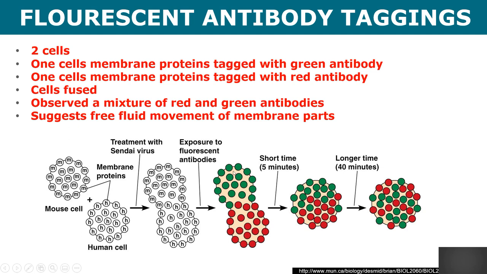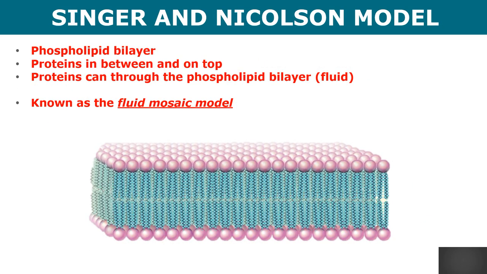And then they fuse together those cells and they wait and they see what happens. And what happened is that the red and the green spots were mixing together. So the membrane proteins did not stay in one place. They were free to move around the membrane, which suggests that I have this sort of fluid structure in the membrane. It's not static.